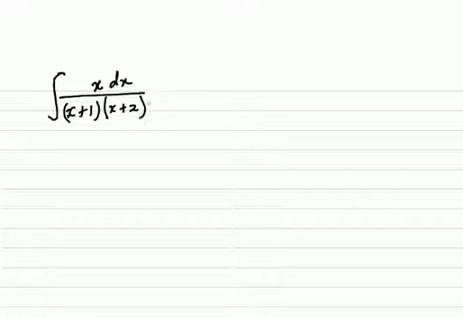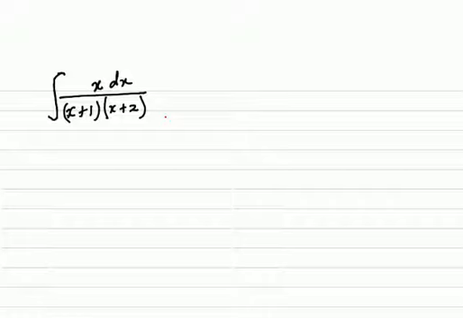an exercise of this nature. Let's say integrating x dx over x plus 1 multiplied by x plus 2. This type of integration, basically, would need the technique of partial fractions, whereby we would break down this fraction into smaller fractions, which we could possibly integrate, maybe using a linear form of integral or the power rule, depending on what it simplifies to.